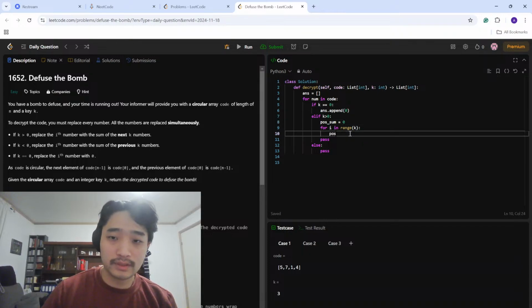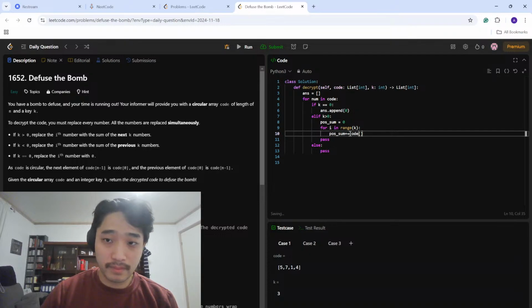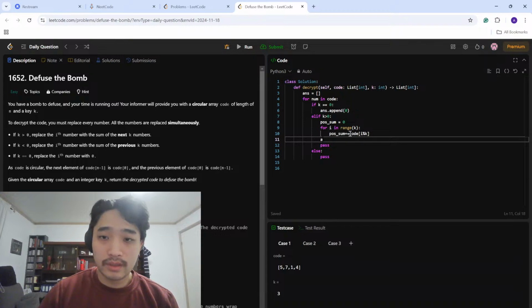So sum plus equals code of i modulo k, and append sum.